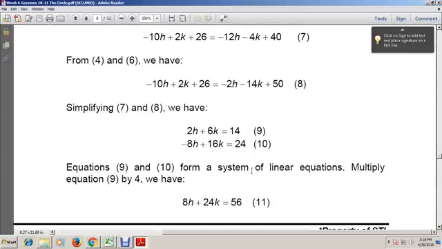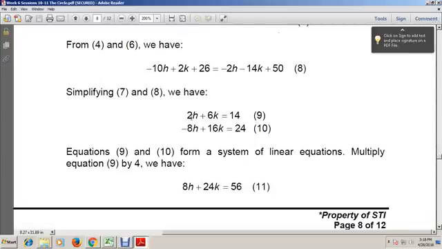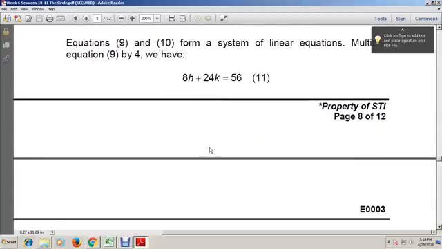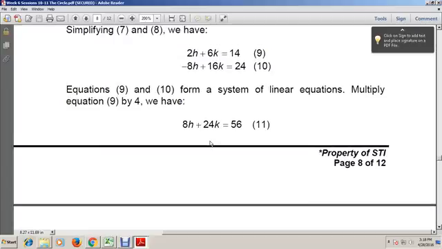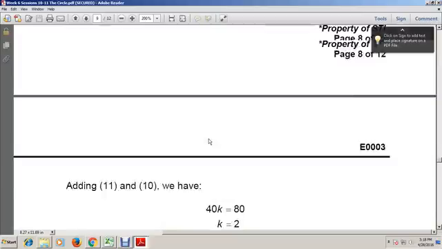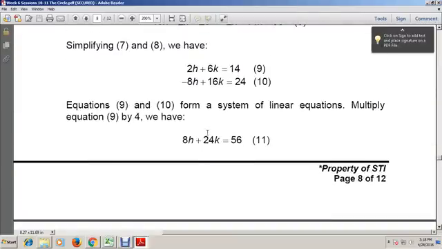Now the next step is to eliminate one of the variables h and k. Doing the process of elimination, obviously it is easier to eliminate h.